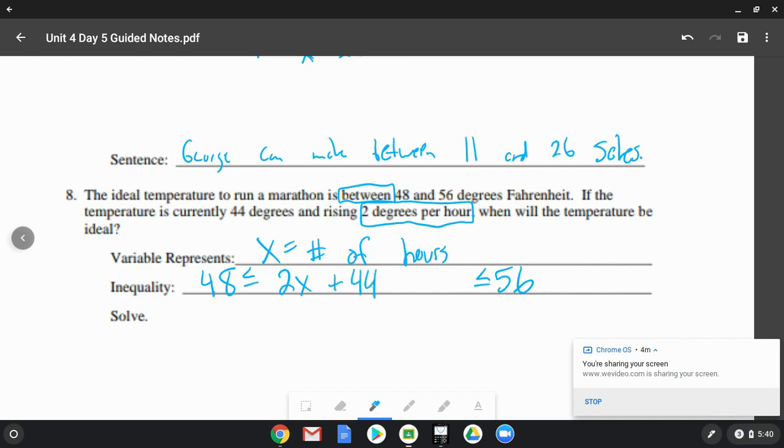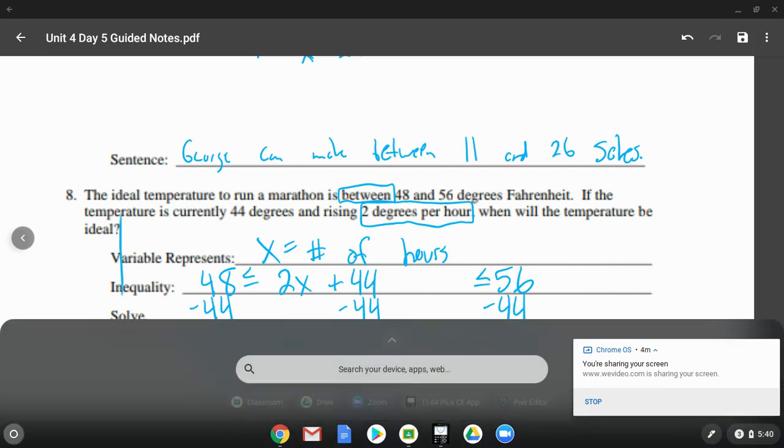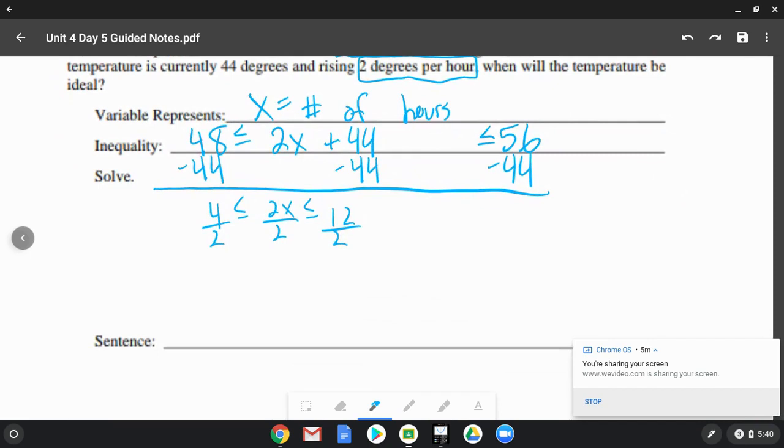And now we would simplify this by subtracting 44 from all three sides of this compound inequality. And we get 4 is less than or equal to 2x, which is less than or equal to 12. Divide by 2. And in the end, we have the number of hours.